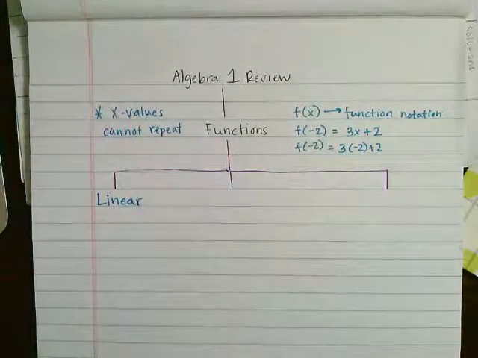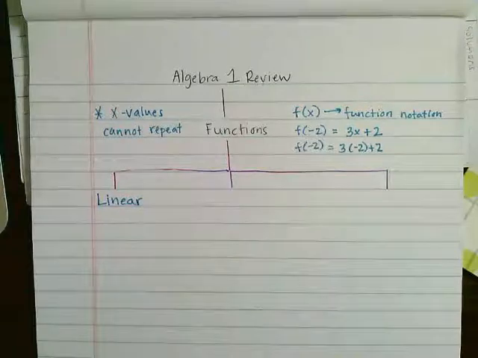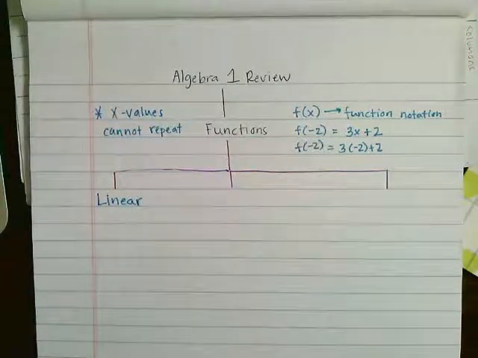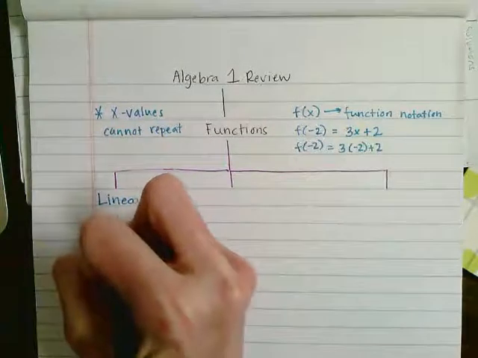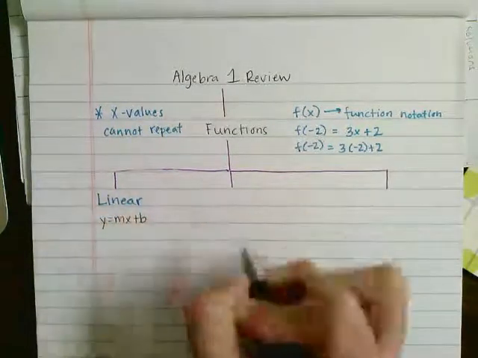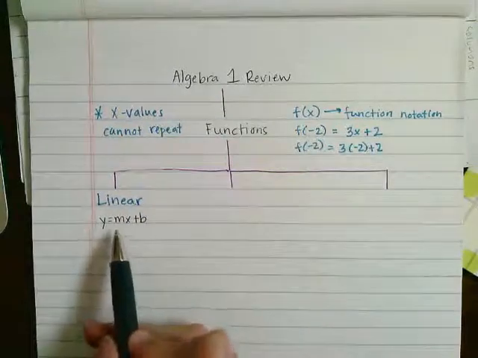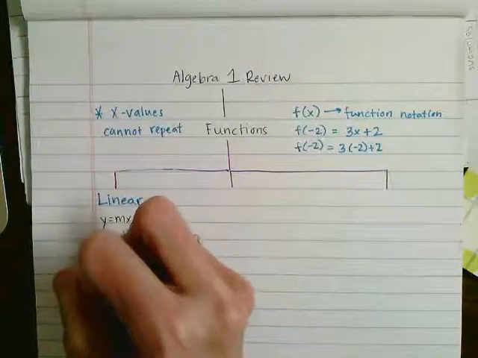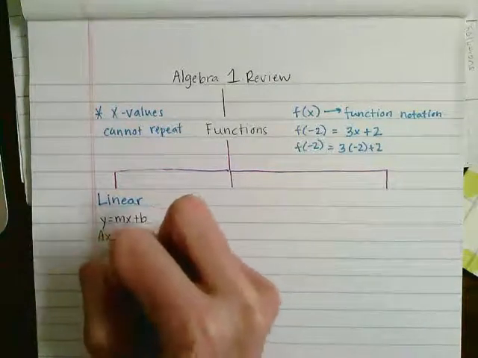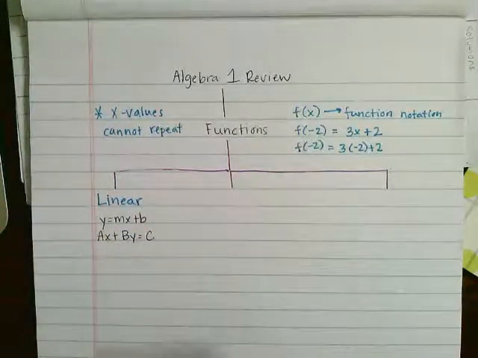Now, within linear functions, there are 3 different forms that you have. You have y equals mx plus b, which is your slope-intercept form. You have ax plus by equals c, which is your standard form.